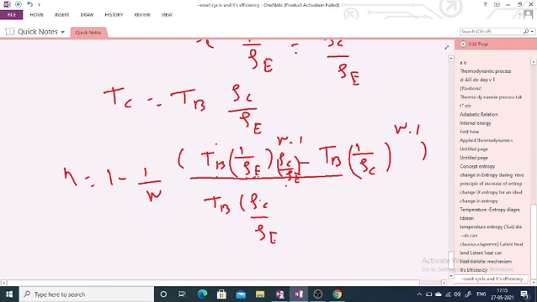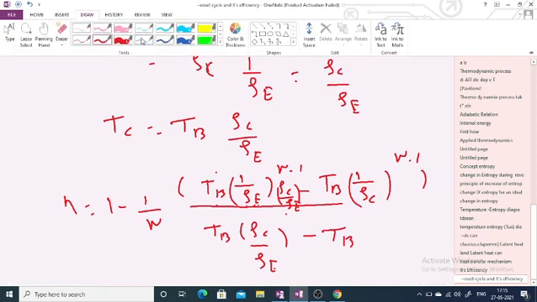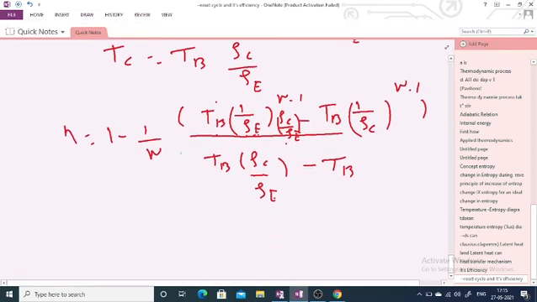So we get rho C upon rho E minus Tb. So you take the common of the Tb from every term, and Tb will be cancelled.